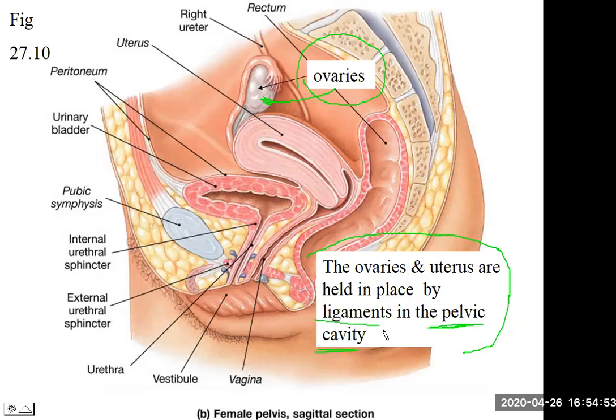So the various suspensory and round and ovarian ligaments, broad ligaments, multiple ligaments are holding the female anatomy within the pelvic cavity, with, of course, some areas of external genitalia as well.